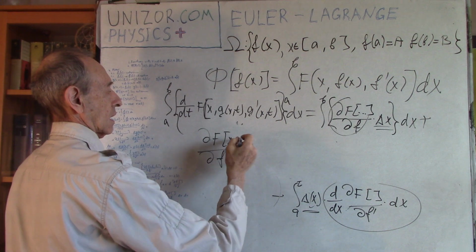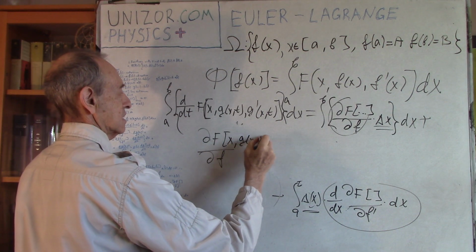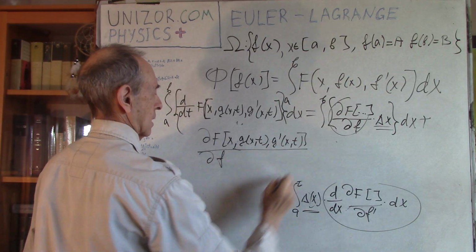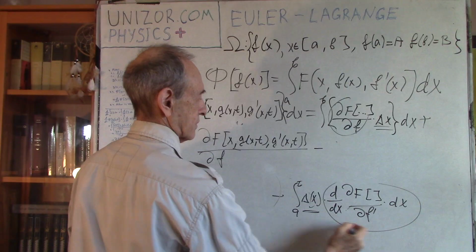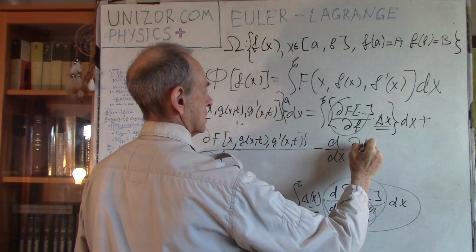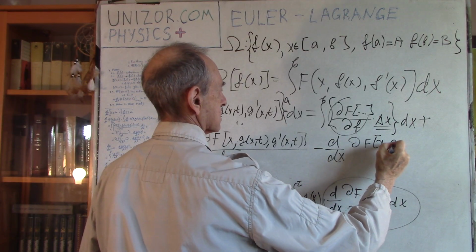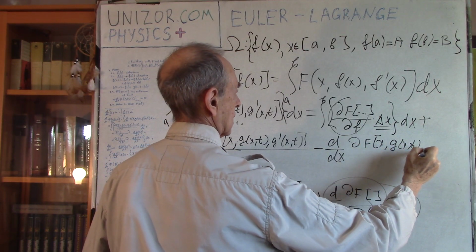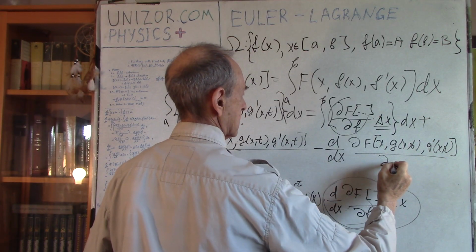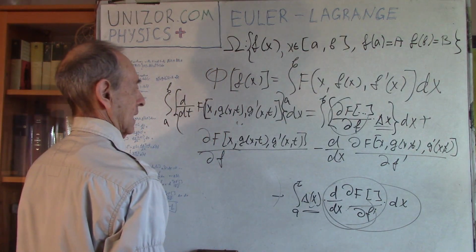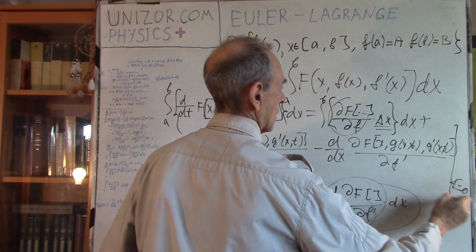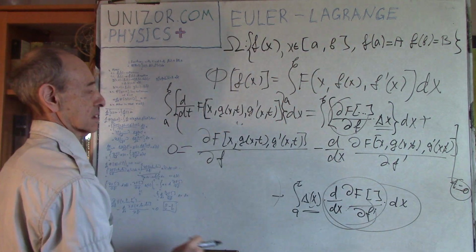Of x, g of xt and g prime of xt, minus this d by dx of dF of x, g of xt, g prime of xt by df prime. And if I substitute t equal to 0, then this has to be equal to 0.